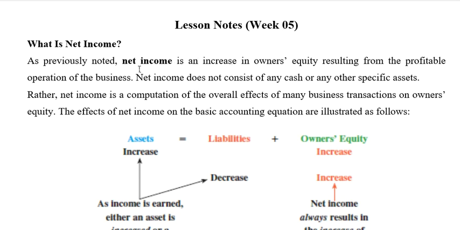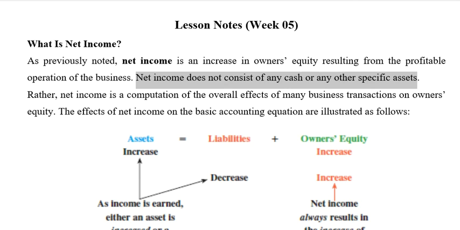Secondly, net income does not consist of any cash or any other specific asset. Many people, I guess in my childhood I also thought, if we get some profit from our business, say net income is 100,000, like that.